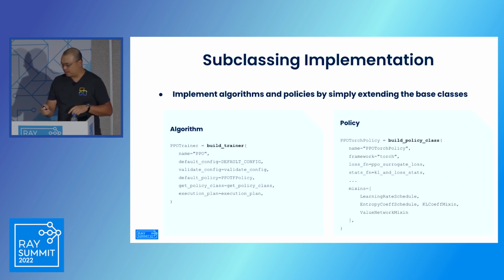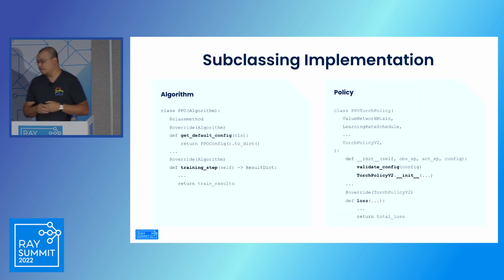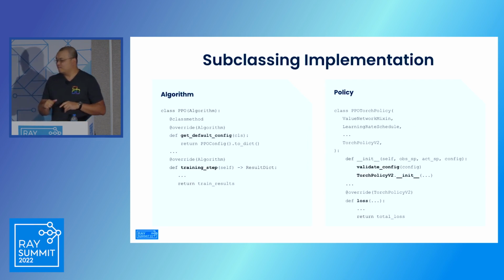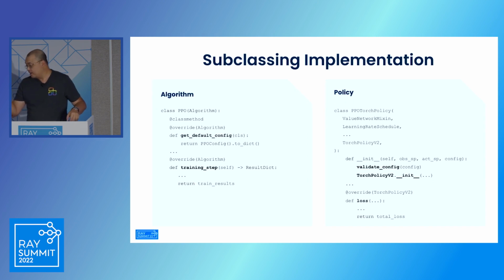Okay, and just as an example, this is what the algorithm and policy classes look like today, right? I think we've converted all the algorithms to be in this format. We still have a couple of policies that are not fully migrated yet, but the goal is that you can easily extend a PPO algorithm, for example, from the base algorithm, and you just override the APIs that you want.